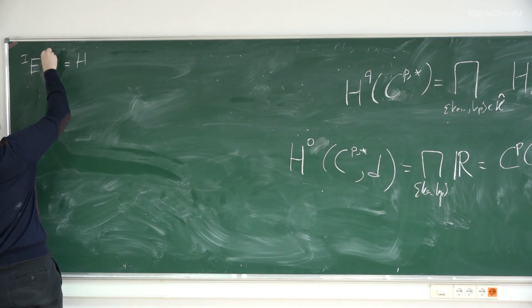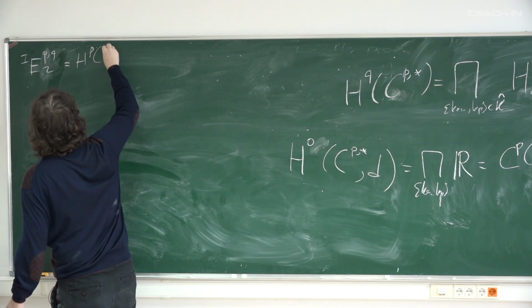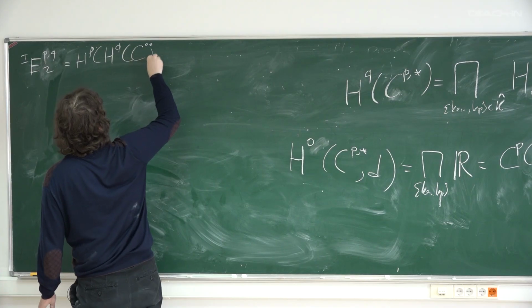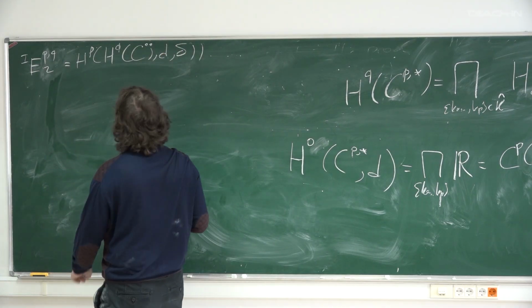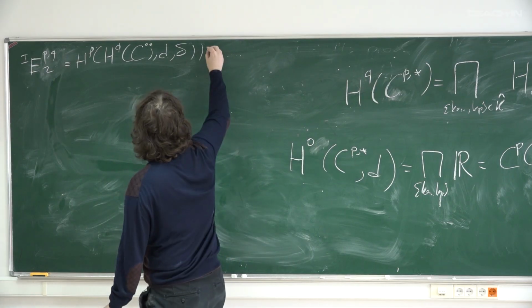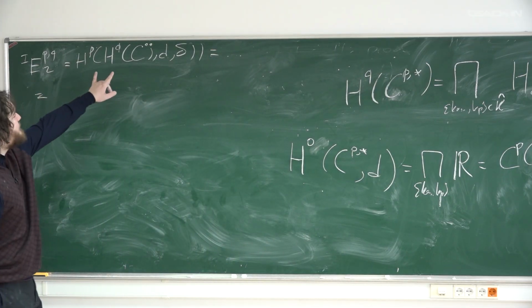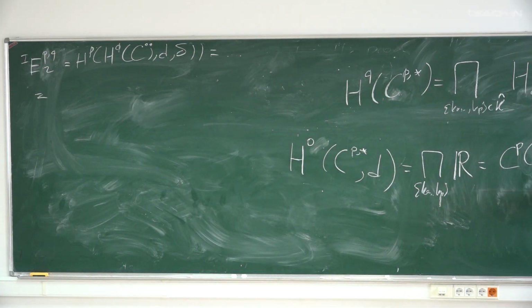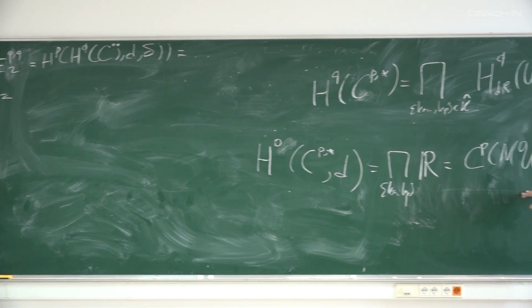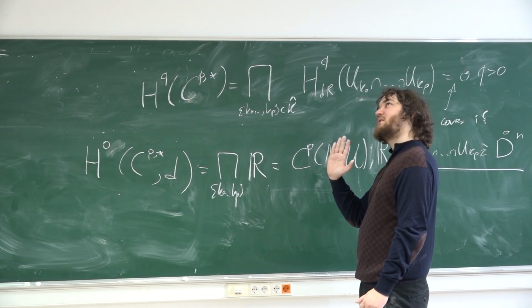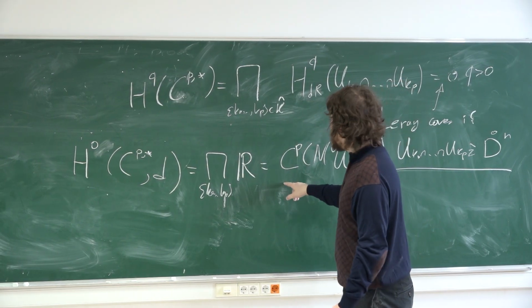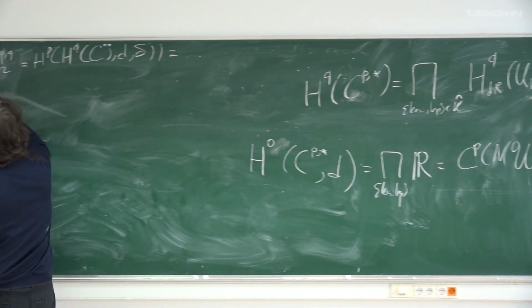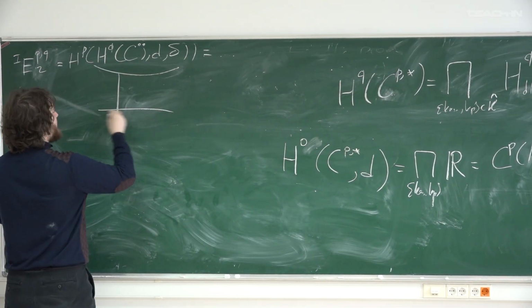With respect to D, I obtain only one row, where Q is 0, because homology is nonzero only when Q is 0.